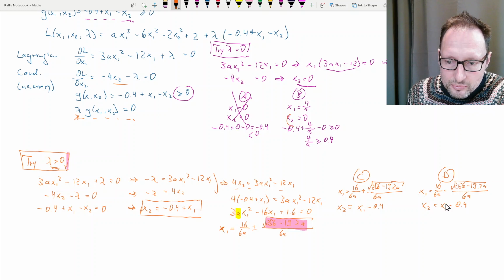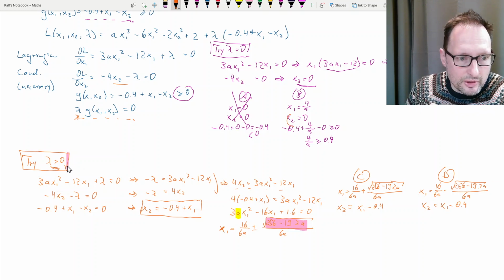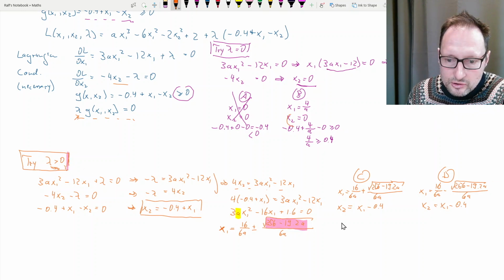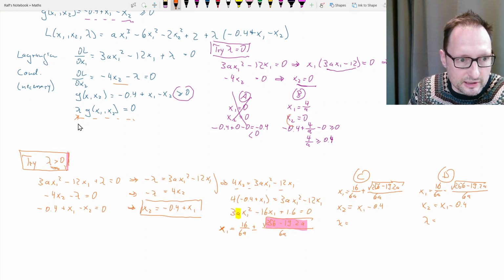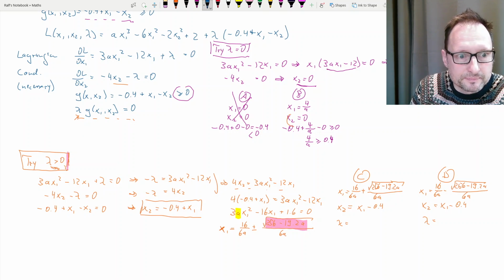Also remember, whenever we are looking at values on the boundary, we also need to figure out what the lambda value is, because the lambda value has to be larger than 0. All the lambdas have to be larger than 0. I forgot to state that here, actually. I should state it here.